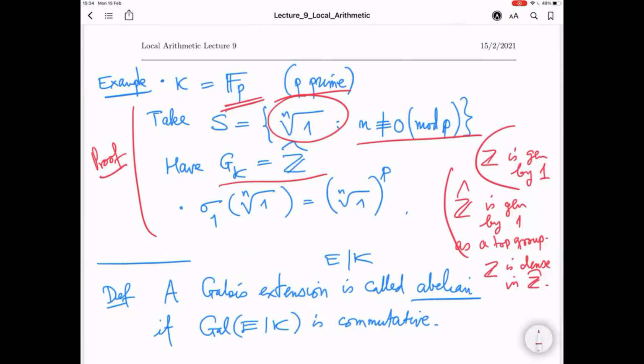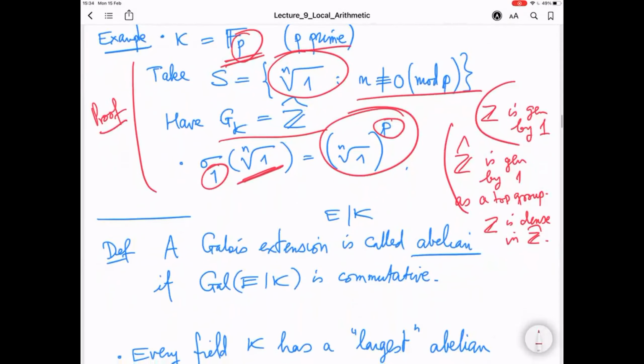So you just need to specify what the action of this generator 1 is. And that takes your nth root of 1 to the pth power of that nth root itself. So this p is to be compared with this p. They are the same p.